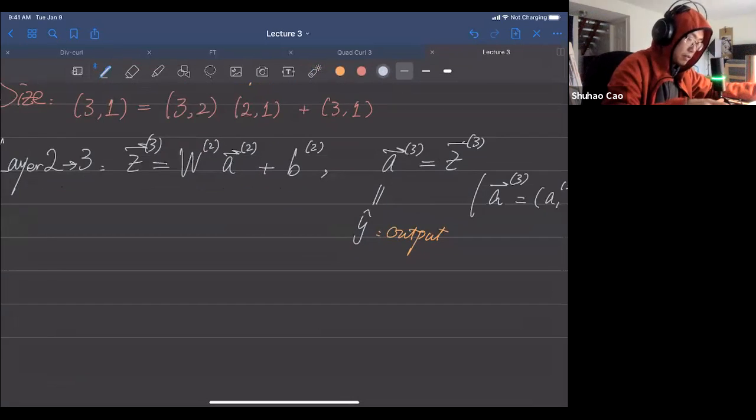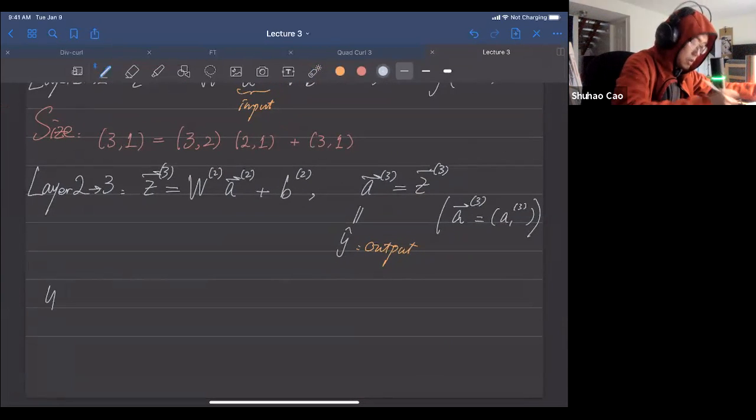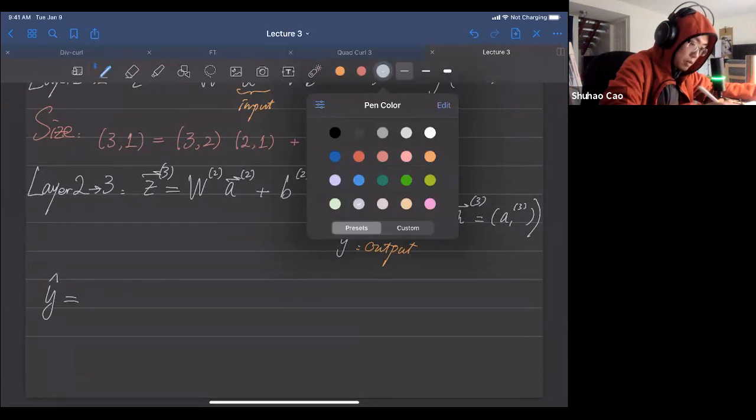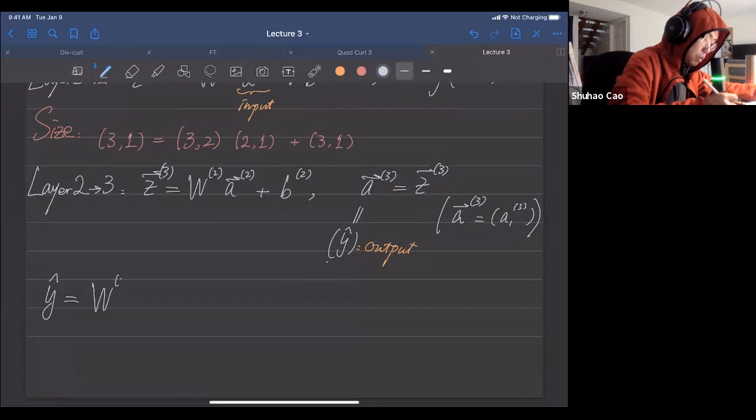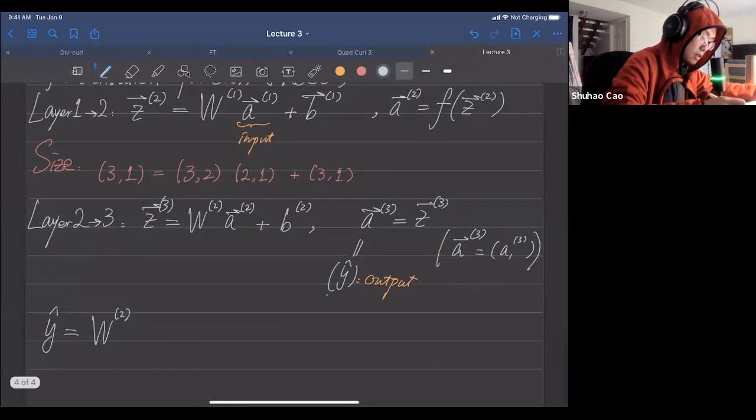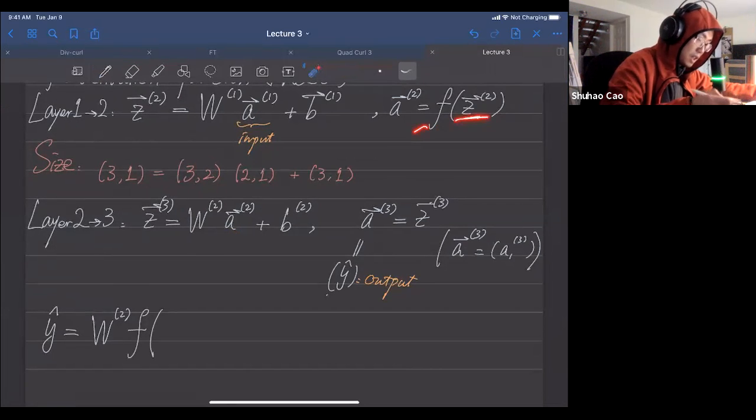so finally y hat equals, which is the scalar. Okay, so let me use this. So y hat is the scalar, which is W2 times f of this guy. Okay, but this guy is this guy. So we have this f. But Z2 is this guy here.